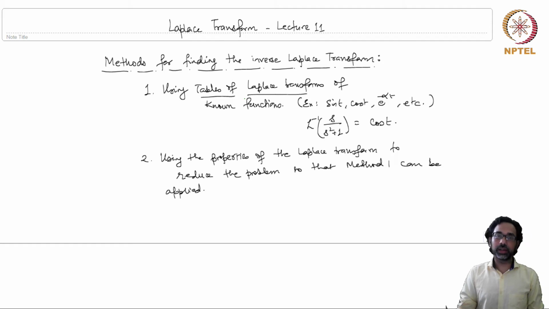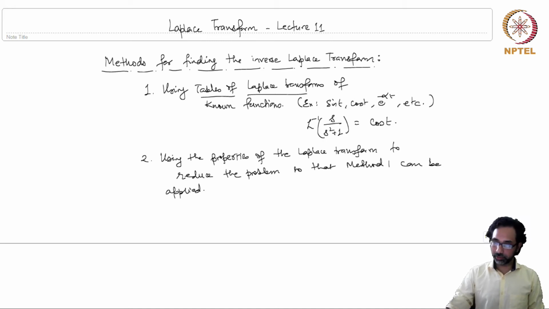Otherwise, if you don't find it there, then you have to use some other method. The second method is to use the properties of Laplace transforms to reduce it to an easier problem, in which case you know the inverse Laplace transform of your given function.